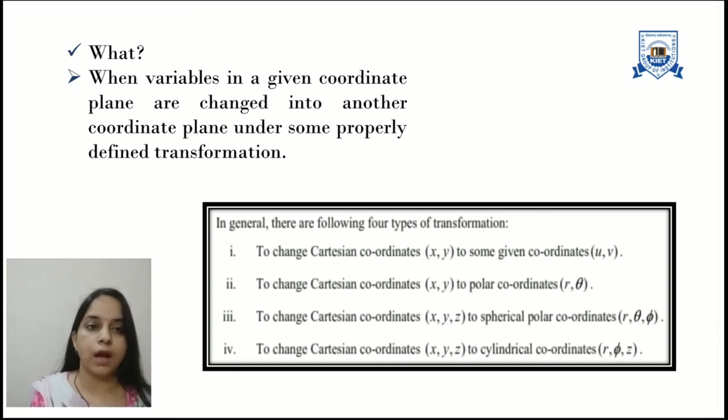In general, there are four types of transformations: changing variables from Cartesian coordinates to some given coordinates u and v, changing Cartesian coordinates x, y to polar coordinates r, theta, changing Cartesian coordinates x, y, z in 3D to spherical polar coordinates r, theta, phi, and changing Cartesian coordinates x, y, z to cylindrical polar coordinates r, phi and z.